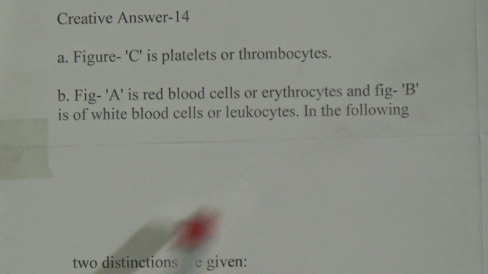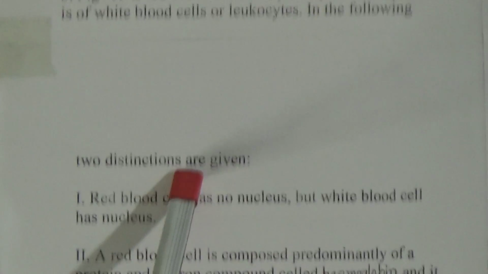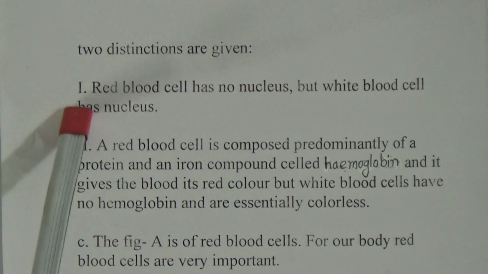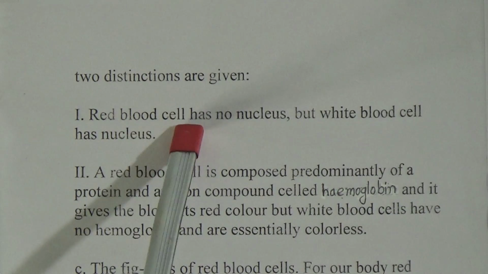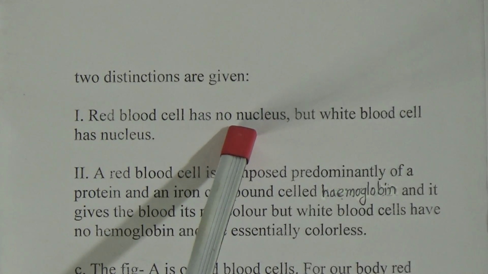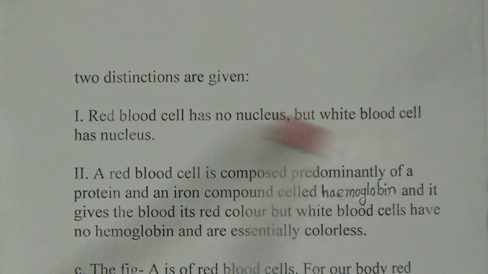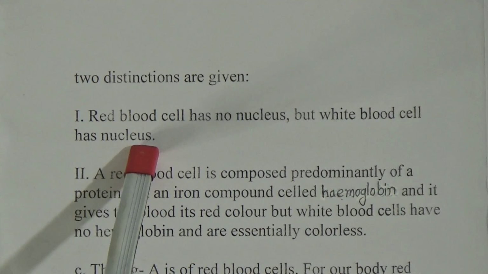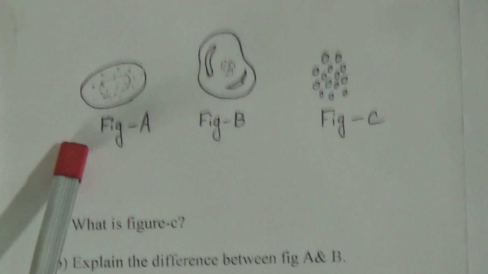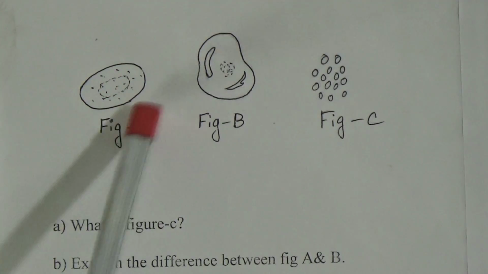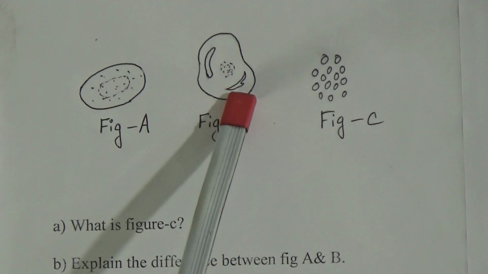The following two distinctions are given. One number, red blood cell has no nucleus, but white blood cell has a nucleus. If you see this picture in figure A, here is no nucleus and here is a nucleus.